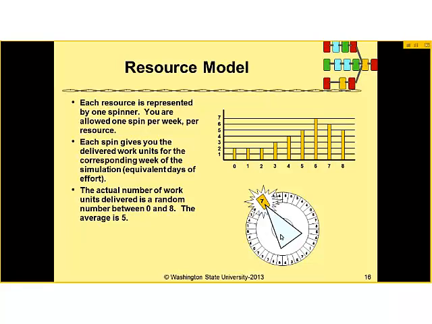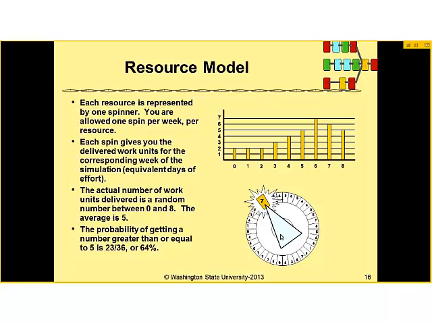But there's variation. Sometimes things go well, sometimes things go badly. If things go well, you might have spun an 8, and so you get to take 8 days of work off of the project plan. If things go poorly, you might spin a 0, and so for that week, you got stuck, and you don't take any days off of the project plan.